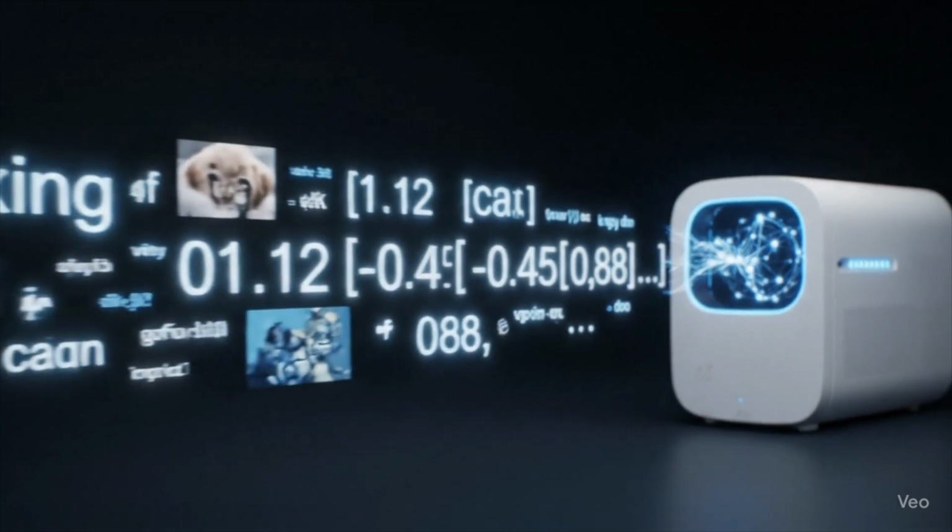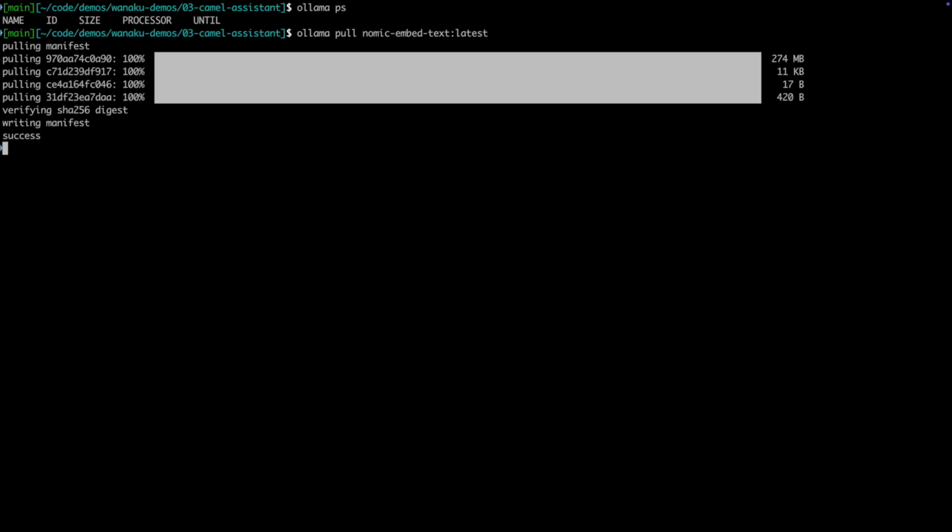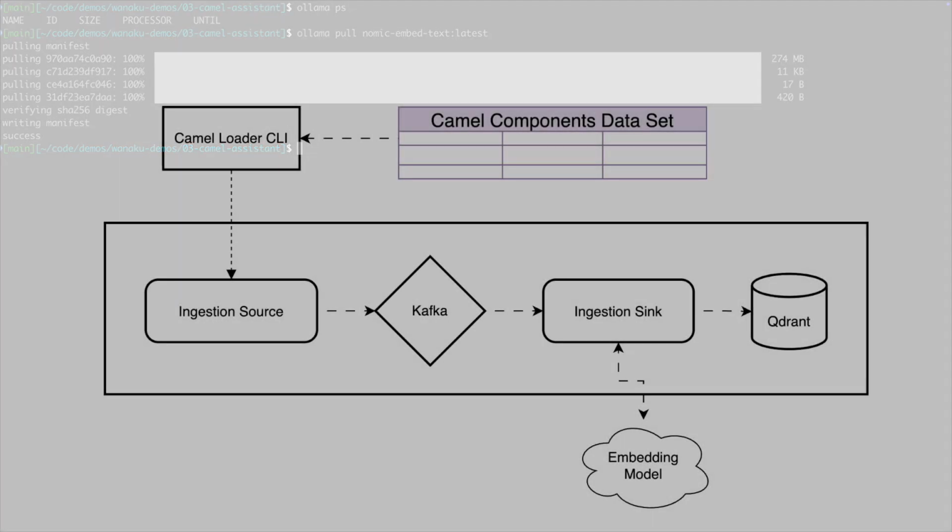Its job is to read all our documentation and turn it into a numerical format that the AI can search through. We use a great model for this purpose called Nomic Embed Text. You can use the Ollama CLI to pull and install this model.